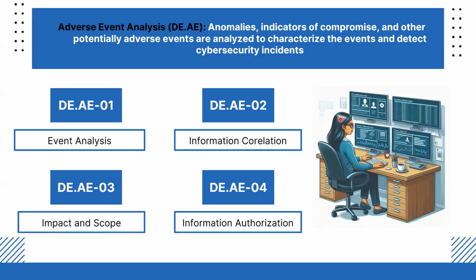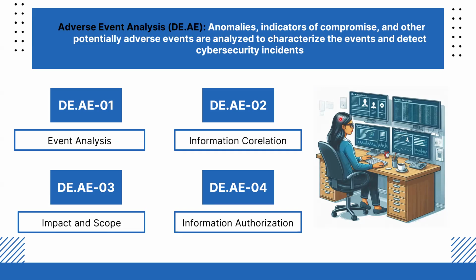Not all the events would be malicious, right? So first we have to understand what the event is. We have to analyze the event. We can use information from different sources so that we can correlate them and come to a conclusion whether the event or alert that was triggered was a true positive or a false positive.